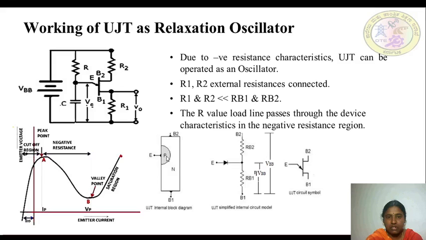It has three terminals, emitter, B2 and B1, that is emitter, base 1 and base 2. Between these two bases, there is a unijunction which behaves like ordinary resistances RB1 and RB2. These are the internal resistances, where RB1 is the internal resistance from B1 to E and RB2 is the internal resistance from B2 to E. And this is the UJT symbol.